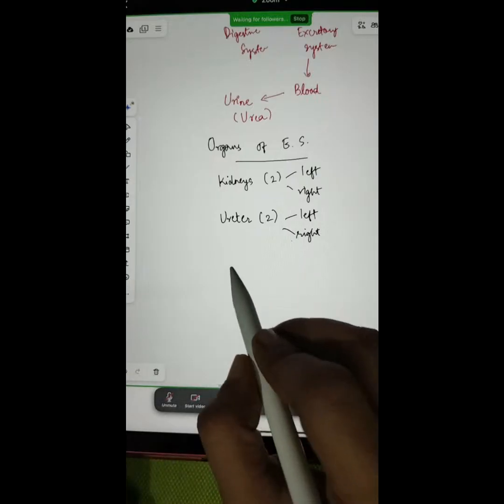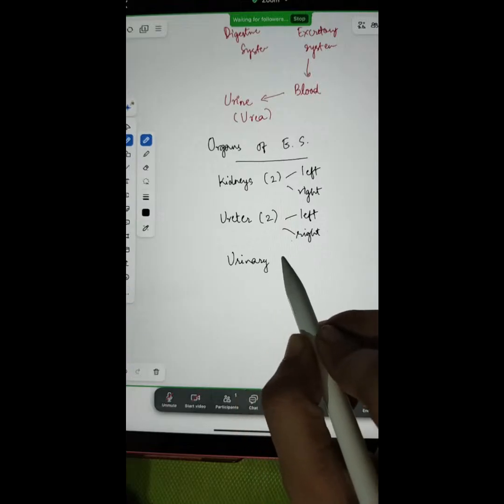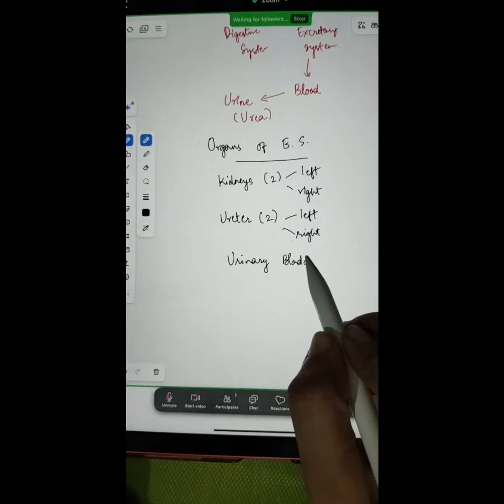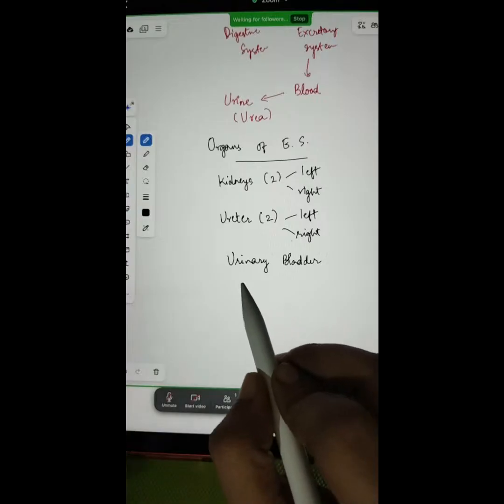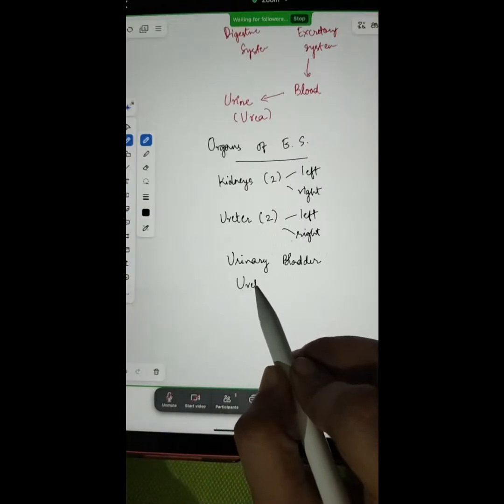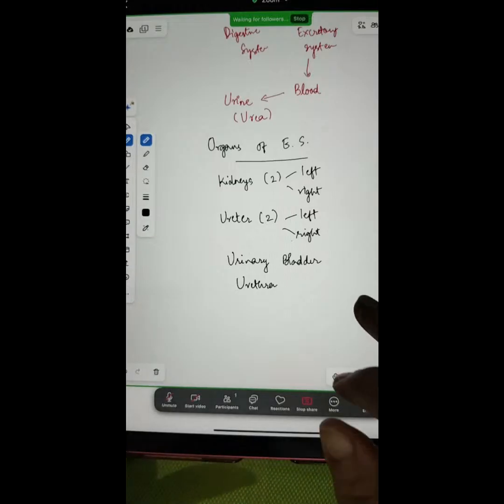Both the ureters will join into a bag-like structure, which will be known as the urinary bladder. It is going to store the urine and then it will be sent out with the help of the urethra. So these are the organs that are going to help in the excretory system. You should write them in a flow: kidney followed by ureter, then urinary bladder, and then urethra.